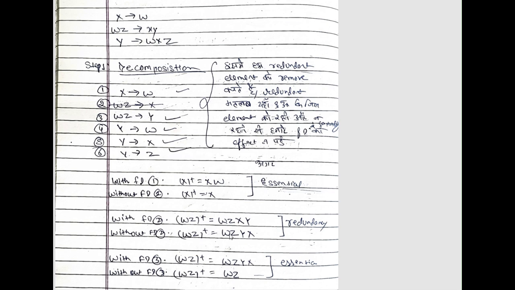From WZ we can write WZ itself, and even if we hide this functional dependency, we can still obtain WZ derives Y, so WZY, and Y derives Z. So this time we can see the presence and absence of this functional dependency does not affect the result.